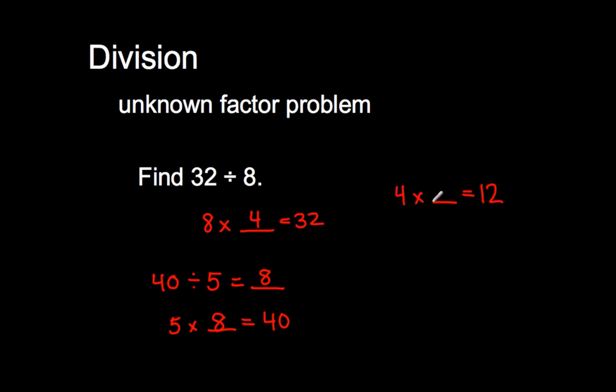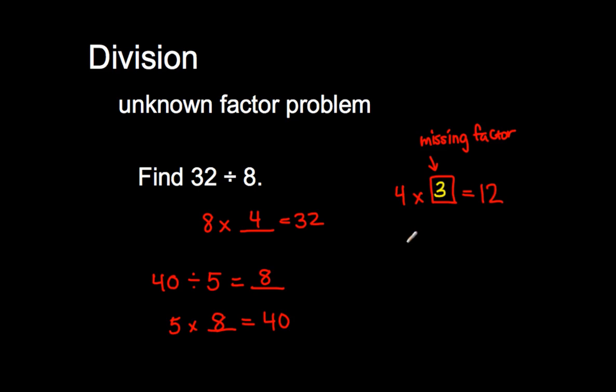But it's not, because what am I missing? I'm missing a factor. So because I'm missing a factor, this is a division problem. So what I'm really being asked is 4 times what number equals 12, and the missing factor is 3.